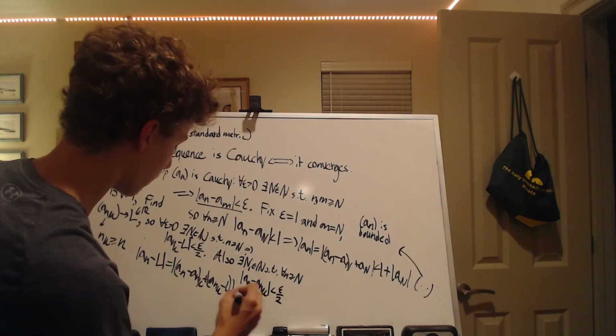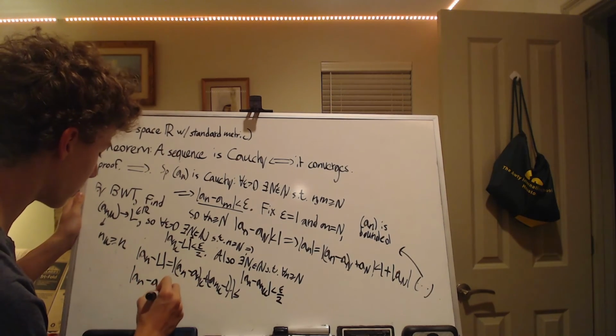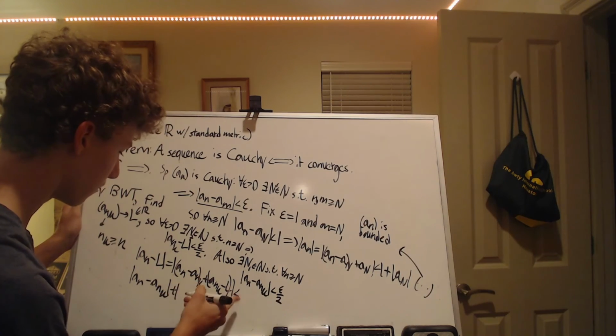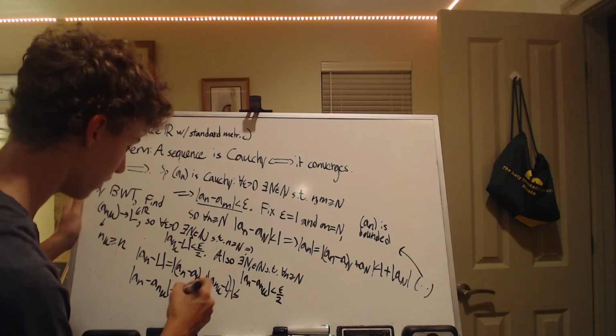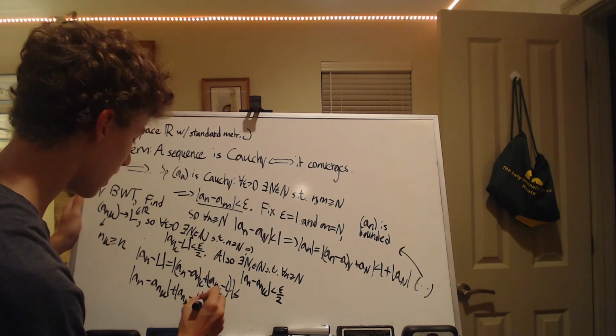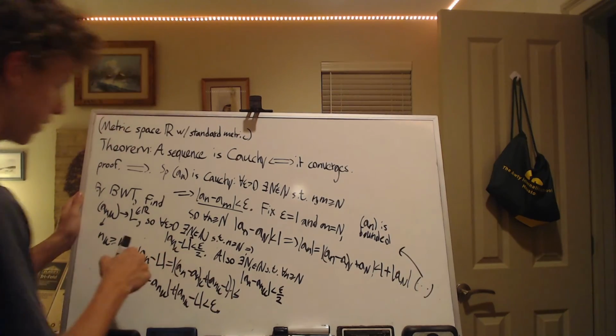Now this is less than or equal to the absolute value of a sub n minus a sub n k plus the absolute value of a sub n k minus L, and this is less than epsilon over 2 plus epsilon over 2, so less than epsilon.